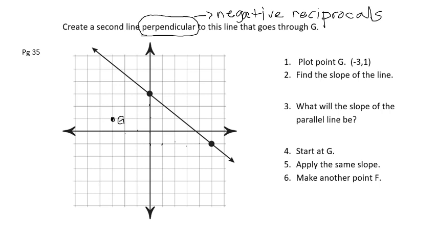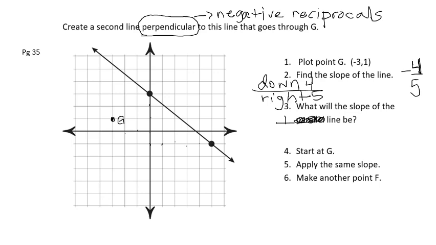So this is still -4/5. This original line: down 4, right 5. Now the slope, and this should say perpendicular, I'm so sorry guys, we'll put a perpendicular symbol.